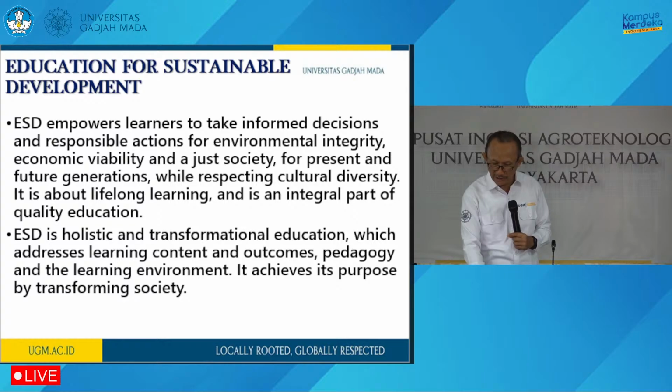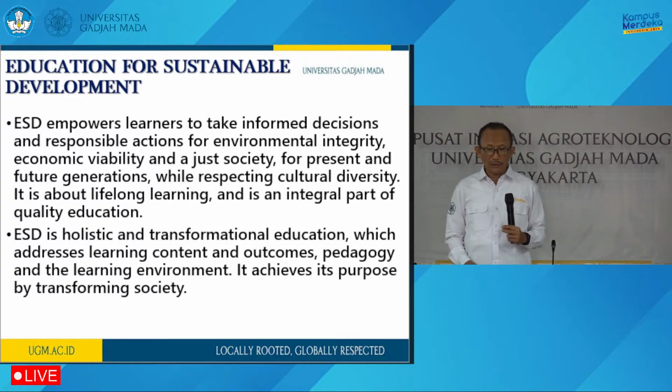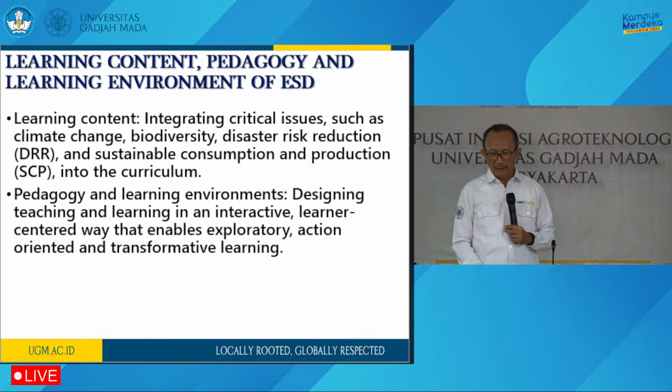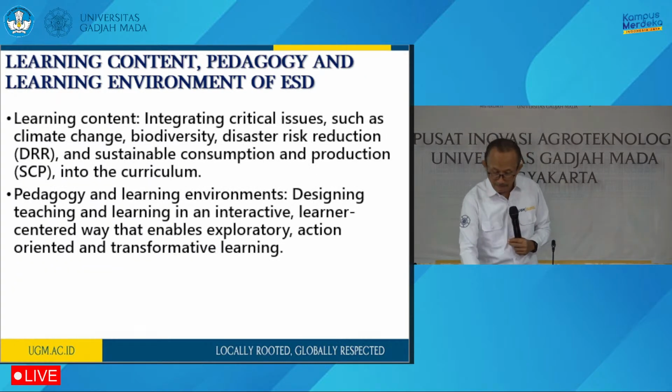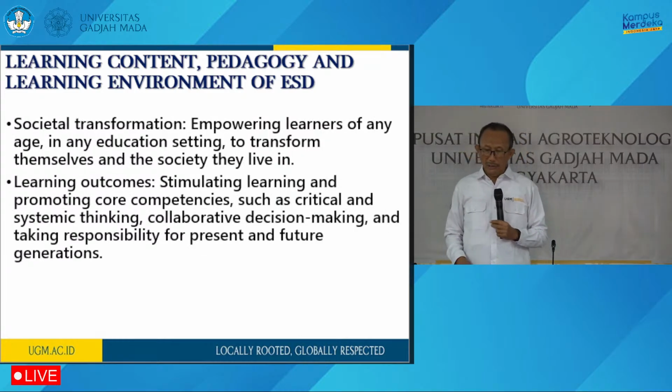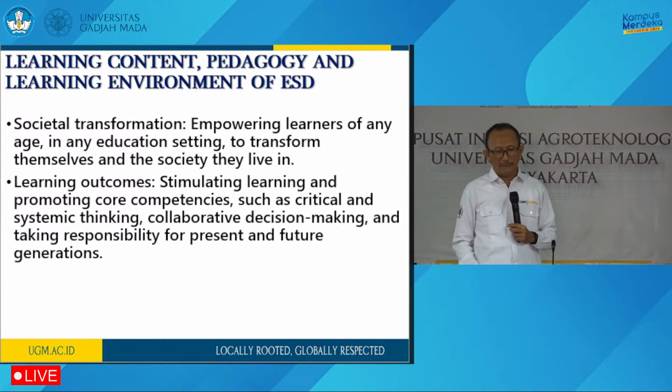transformational education. This is ESD, and learning content should integrate critical issues: climate change, biodiversity, disaster reduction, sustainable consumption and production. And the most important is the learning outcomes, stimulating learning and promoting core competence.